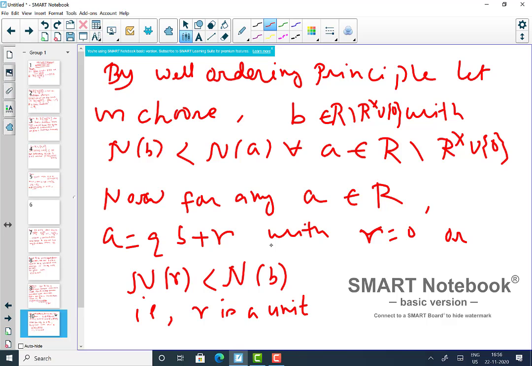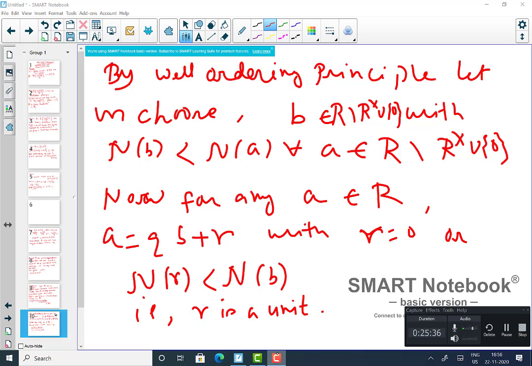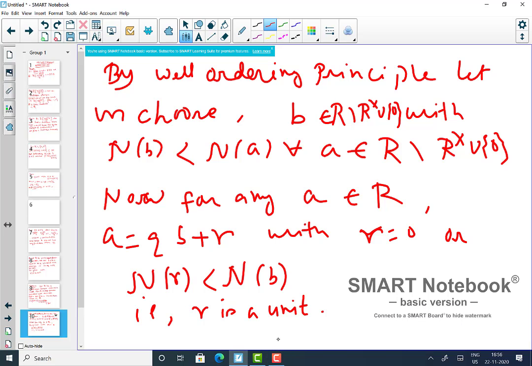And the interesting part is that these proofs also show that the Dedekind norm, which we discussed in the last class, is actually not a Euclidean norm.